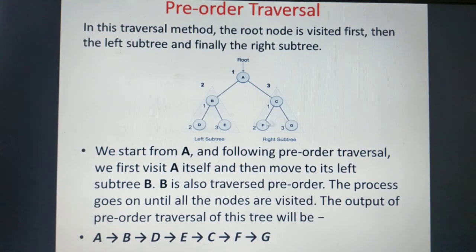So here again we apply the preorder traversal method. Hence it is first the root node, the main parent node, then the left node and then the right node.